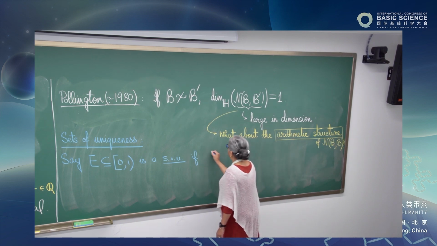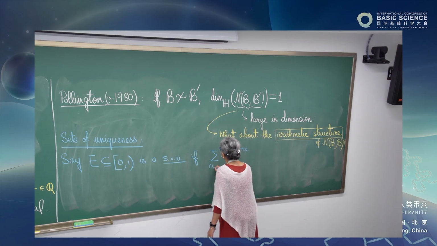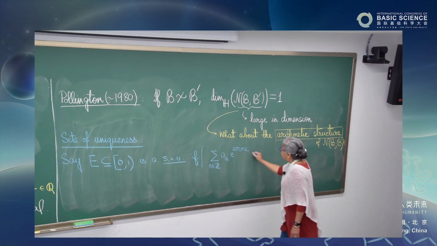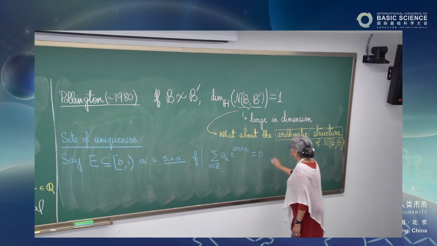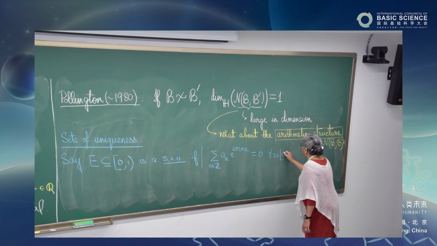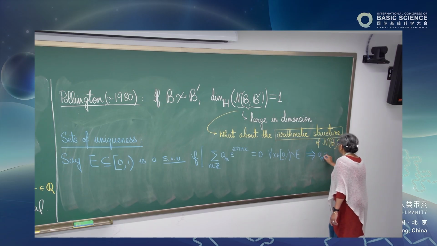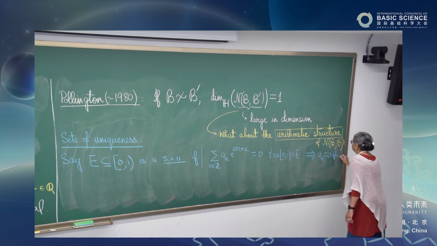Whenever you look at a complex trigonometric series, the sum of a_n e^(2 pi i n x), n in Z, if this vanishes for every x in the complement of E, then that forces the series to be trivial.